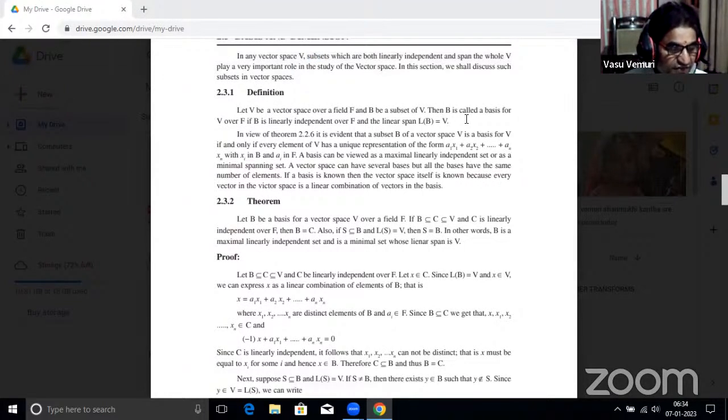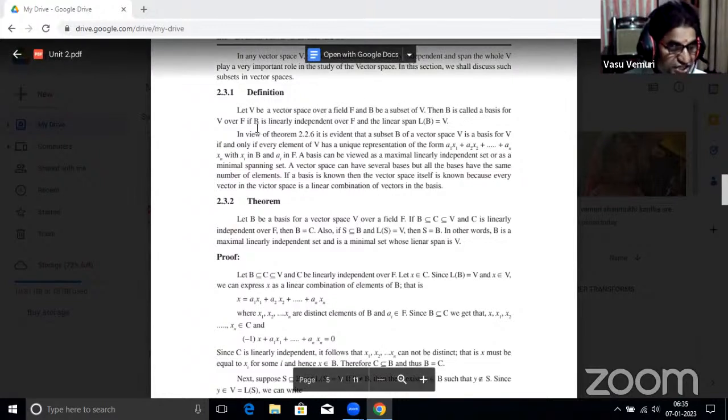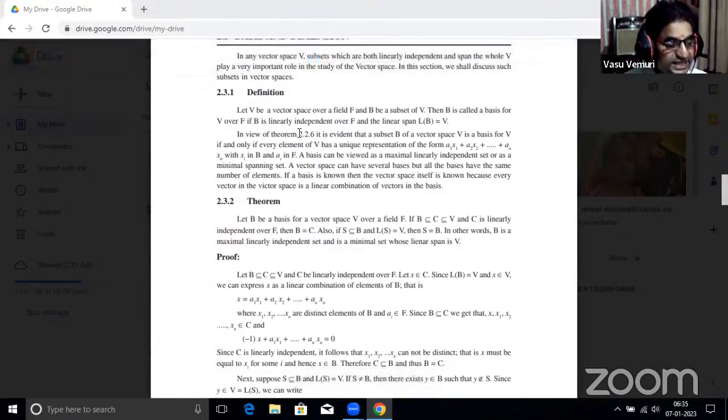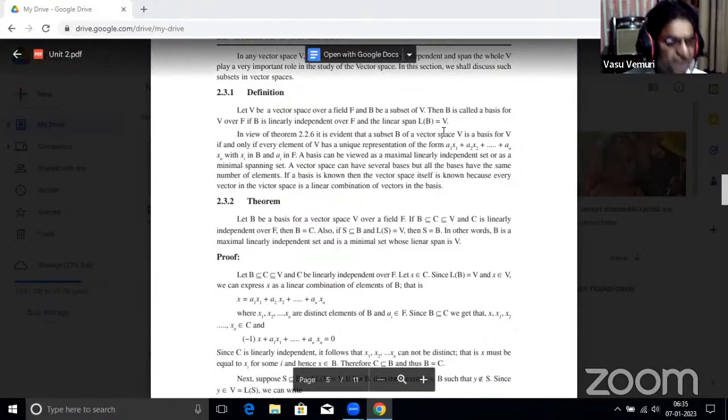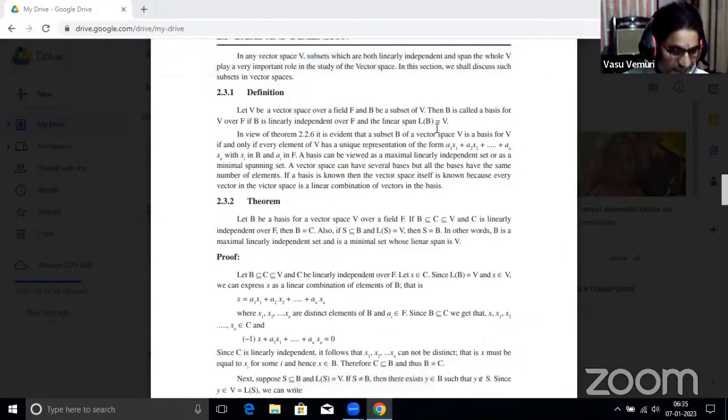The subset is called a basis of the vector space when the first condition is that the subset is linearly independent over the field, and the second condition is the linear span. What is the linear span? The linear span of the subset must be the vector space. That is called the range, or linear span, of the vector space. Linear span means L of B equals V. Now, just you have to see one of the examples.